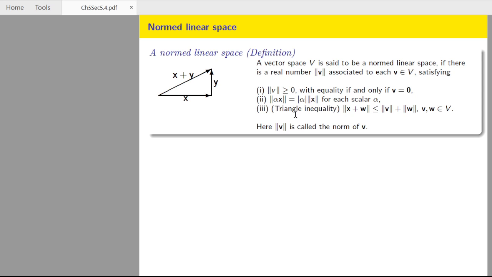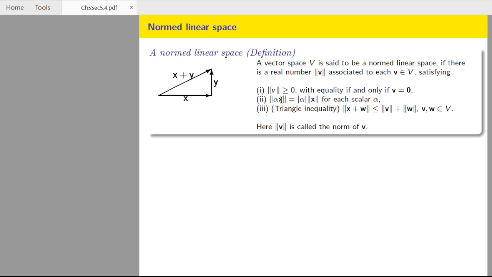The first condition is that the norm of v should be, all the time, non-negative. And this norm equals 0 if and only if the vector v is the zero vector.